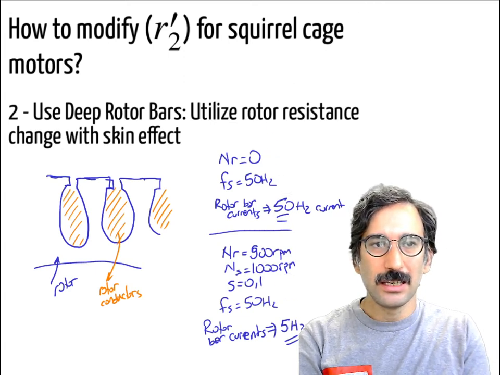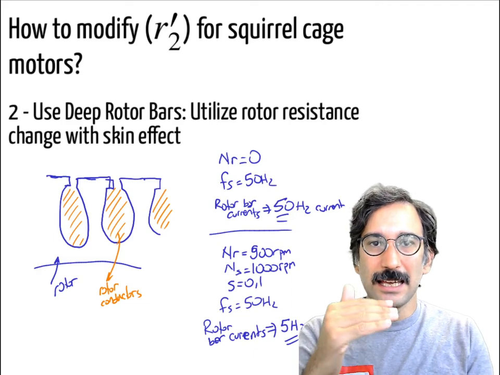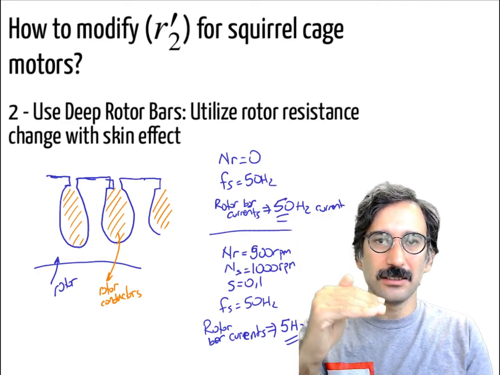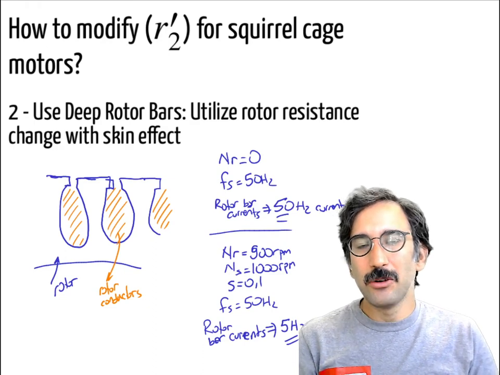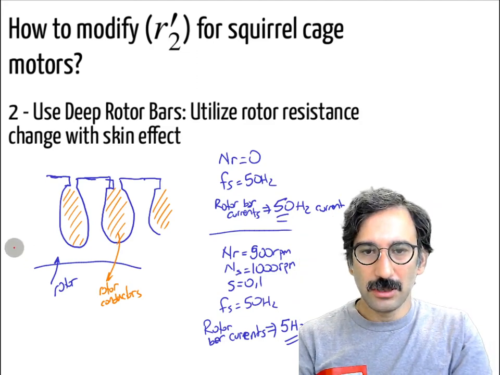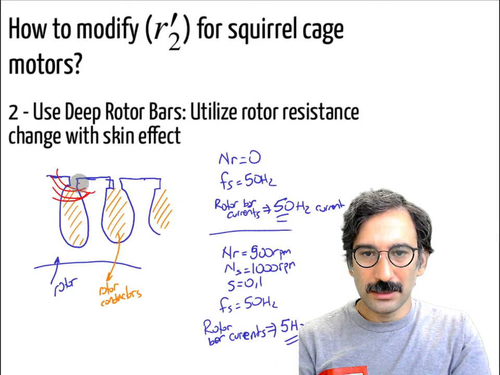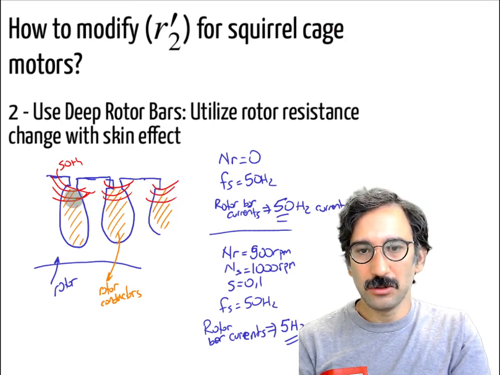Okay, again, if you remember from the first semester with the skin depth, as the frequency gets higher, the current in a conductor tends to flow through the outside. So at 50 Hertz maybe it will just pass through that shaded area of the rotor bars, but then it drops to 5 Hertz.